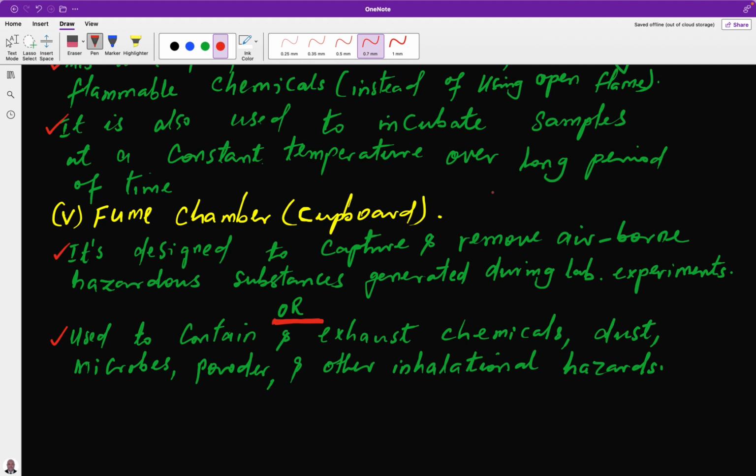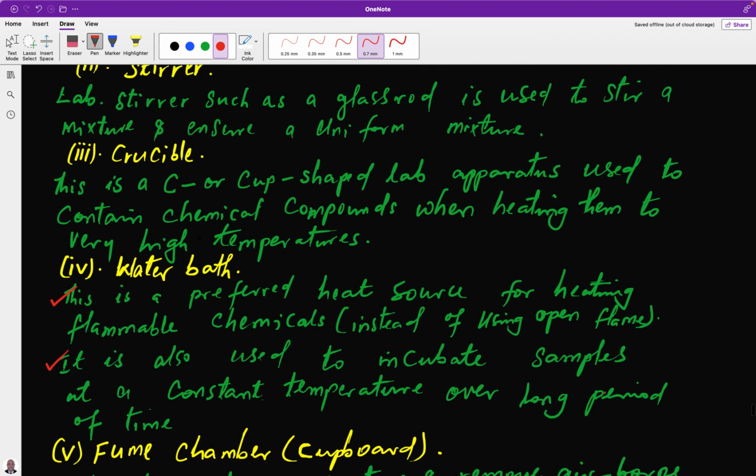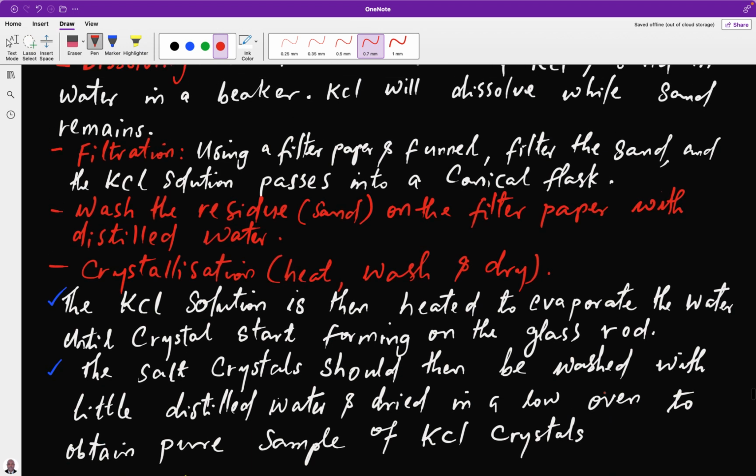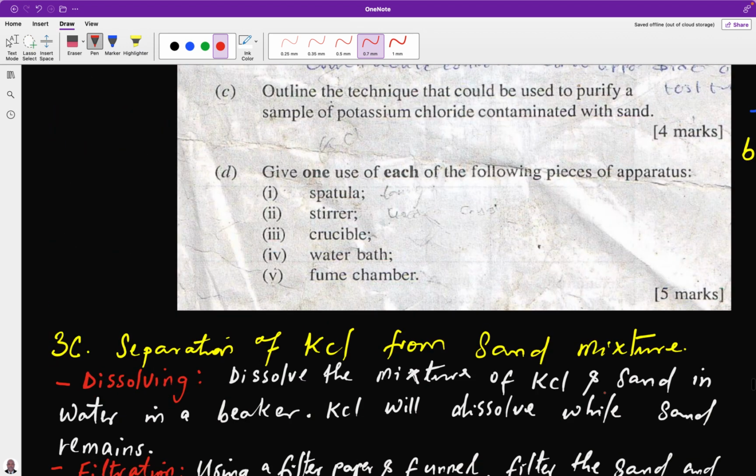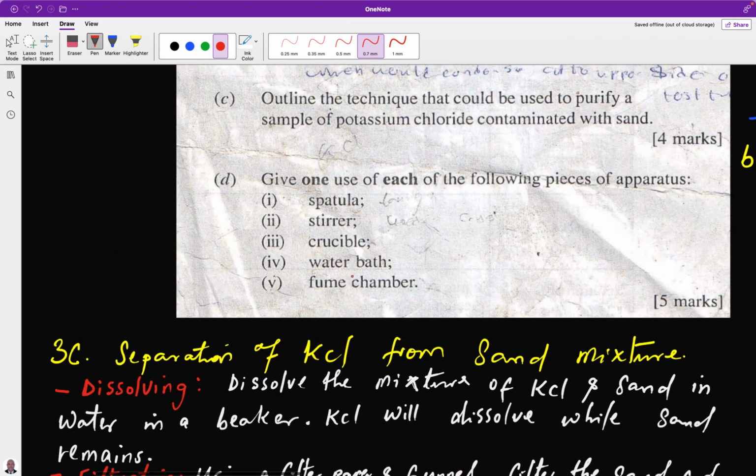Or you can say it is used to contain and exhaust chemicals, dust, microbes, powder, and other inhalational hazards. So that is all about this paper. If you can give all this, then you have 5 marks.